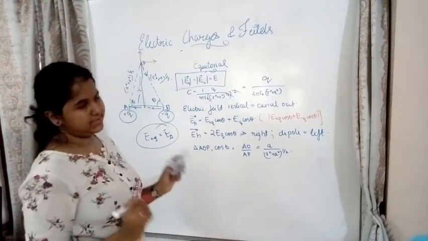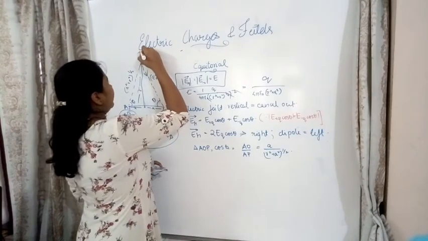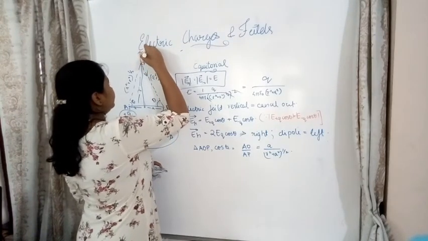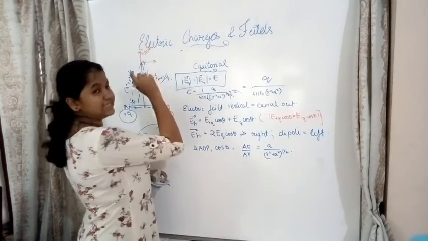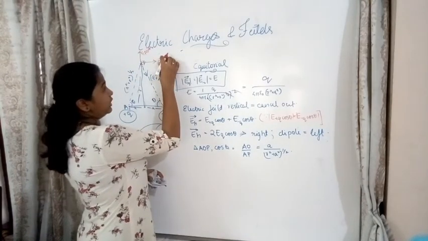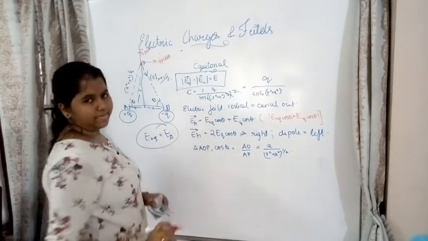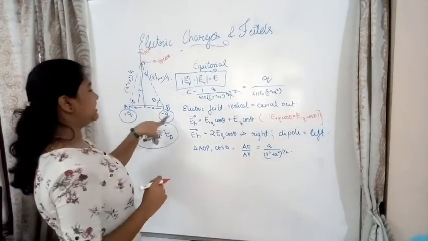What is on the top? Top is E A sin theta. Over here it is E A cos theta.